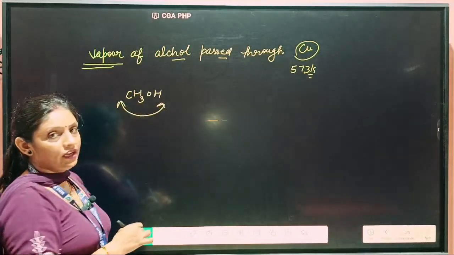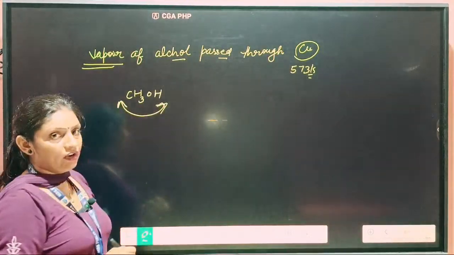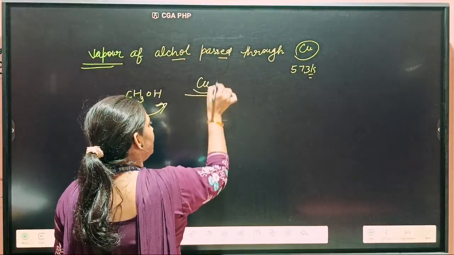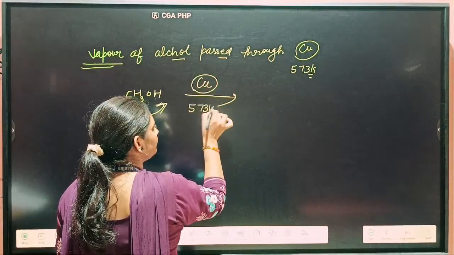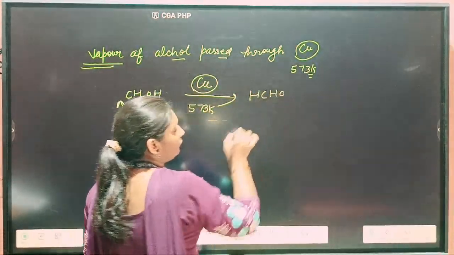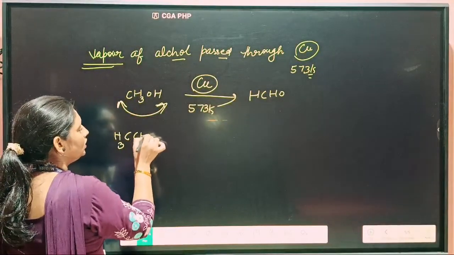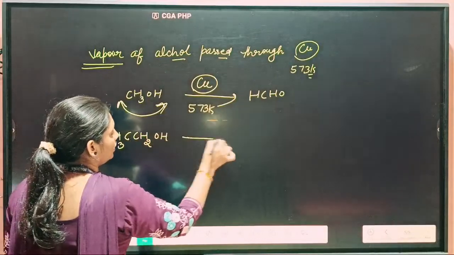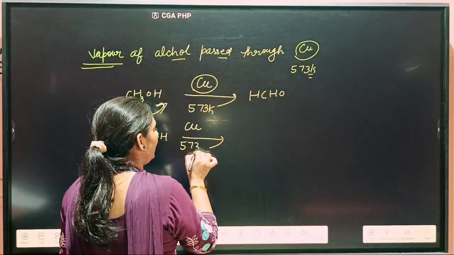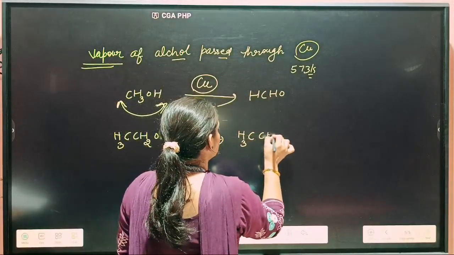Alcohol should be volatile here, meaning we will take the vapor form of the alcohol. If we pass vapor of the alcohol through copper at 573 Kelvin, then methanol will give formaldehyde. When vapor of primary alcohol passes through copper at 573 Kelvin, then they give us aldehyde.